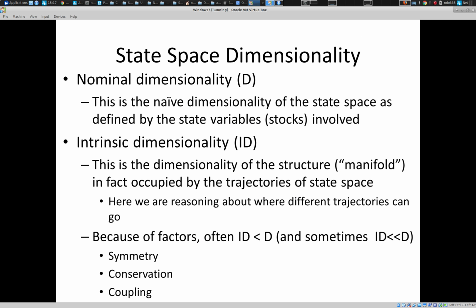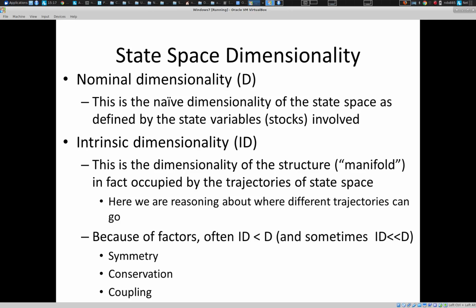Now, what I really want to spend some time on in this lecture is the relationship between data from these systems, and it's not just from models, but from systems, and the underlying nature of the system. And I'd like to distinguish between the so-called nominal dimensionality of a space and intrinsic dimensionality.